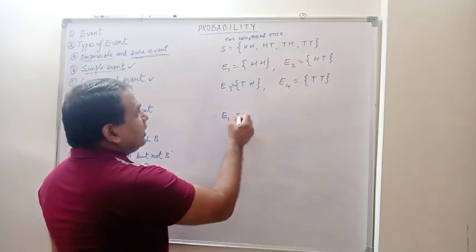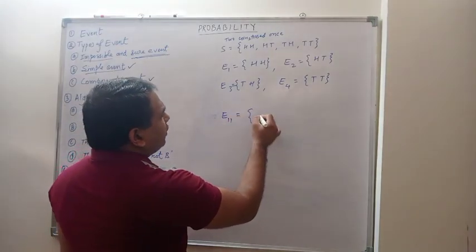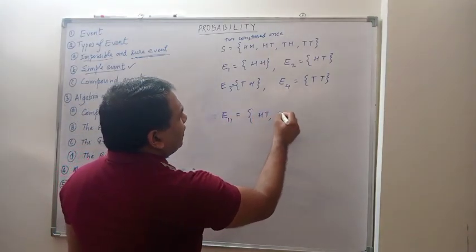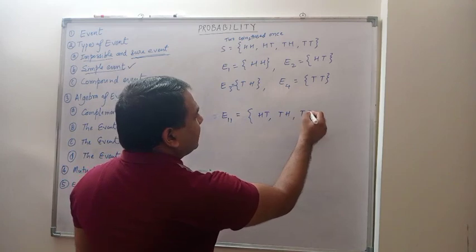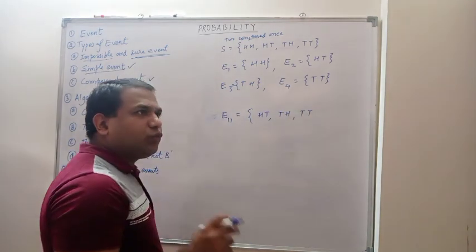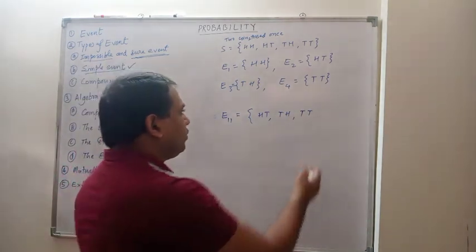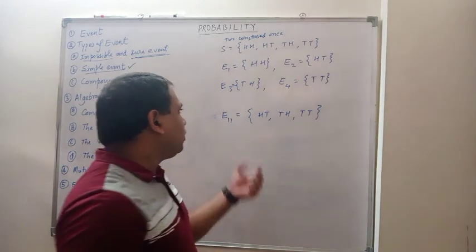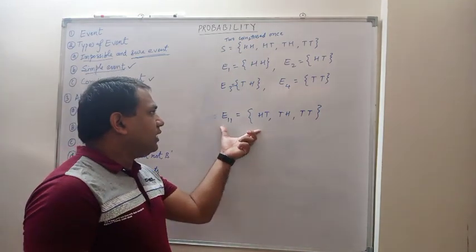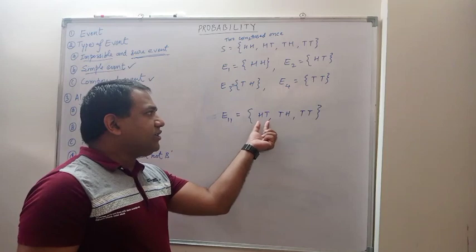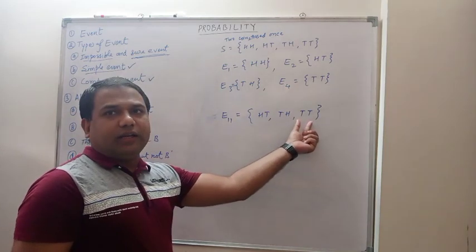At least one tail means you will have HT, TH, and TT, since at least one should be there, or more than one is also possible. So in this event E11, you are getting HT, TH and TT.